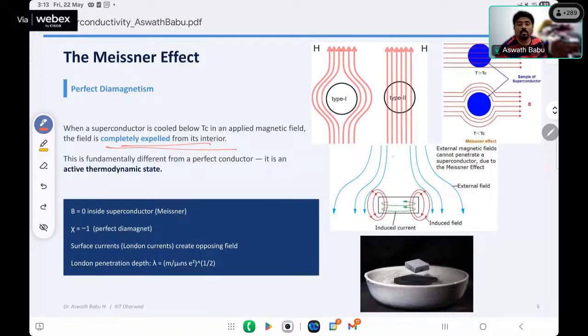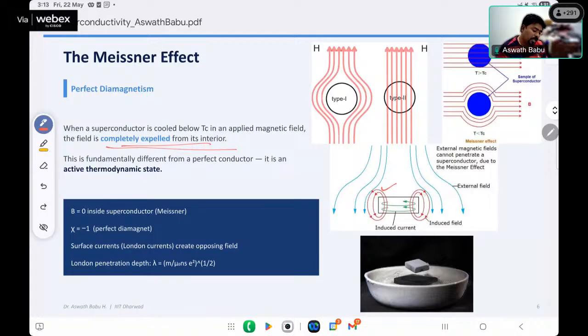The moment you reduce the temperature, you know what happens? Somehow some currents are induced inside the material due to superconductivity. Because of those currents, magnetic field lines are generated, in such a fashion that the magnetic field lines generated by the material, the sample, are exactly opposite to the applied magnetic field lines.